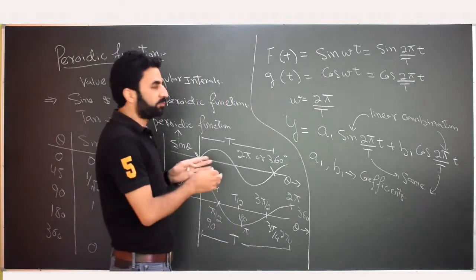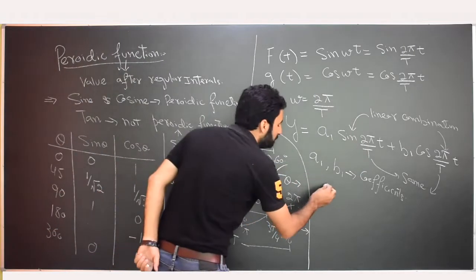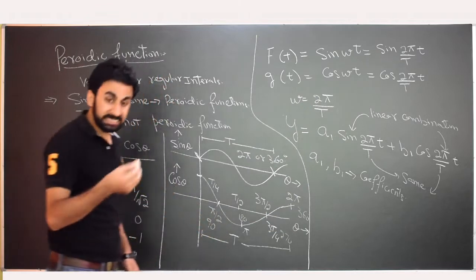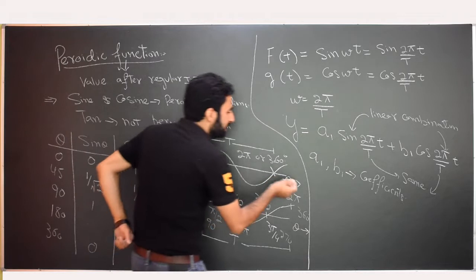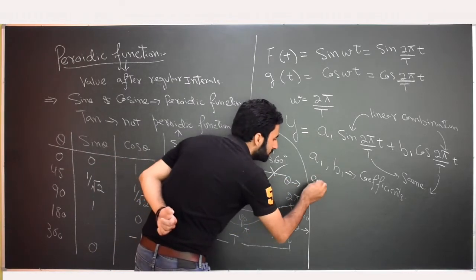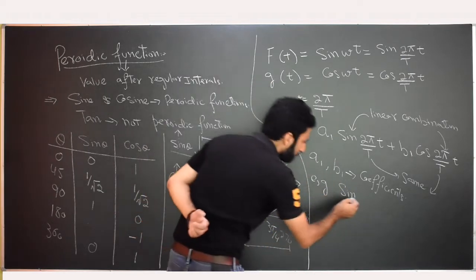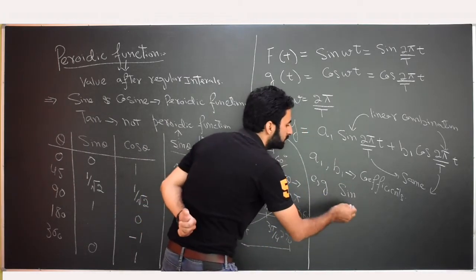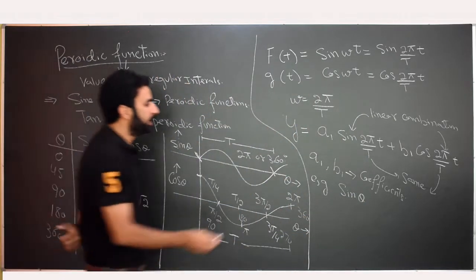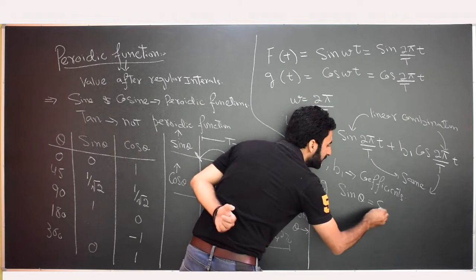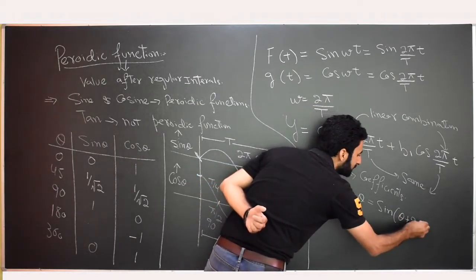Now for these sine and cosine functions, we know the time period after which the function repeats itself is 2 pi or 360 degrees. It essentially means whatever value you have for sine of theta, you will have the same value for sine of theta plus 2 pi.